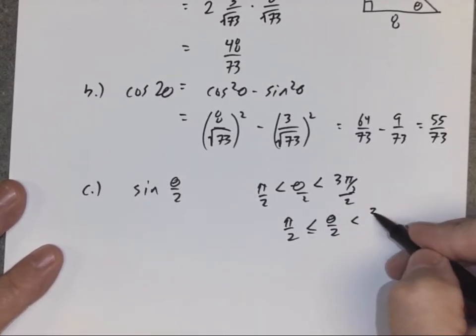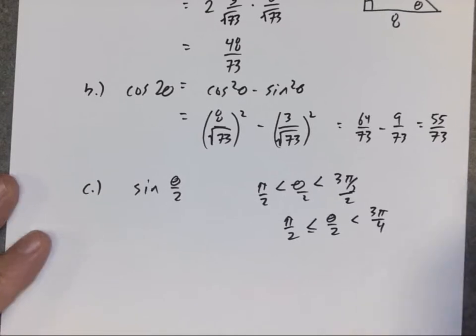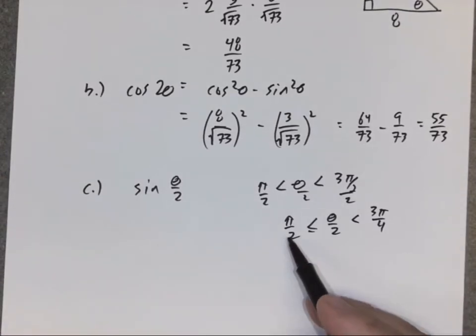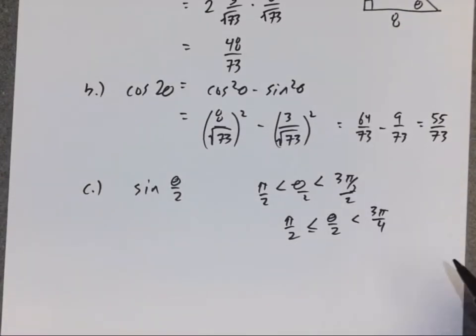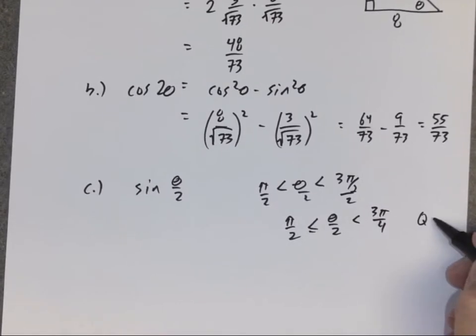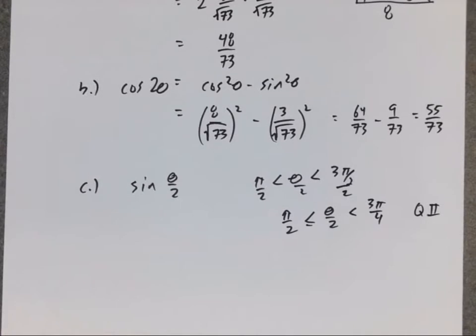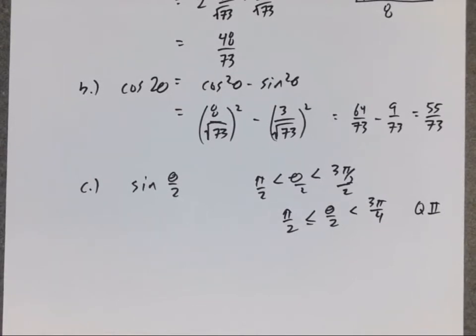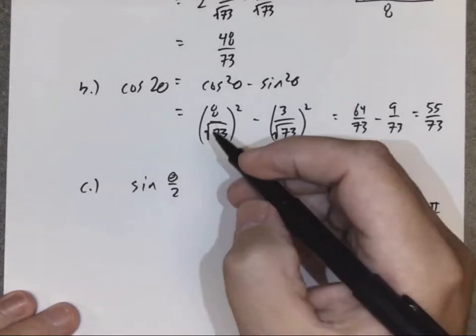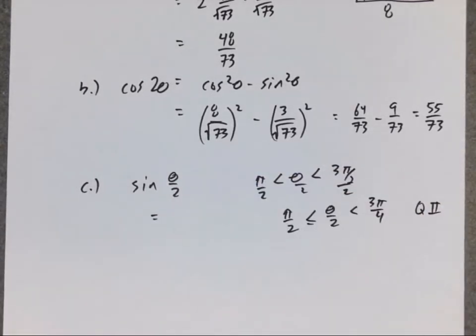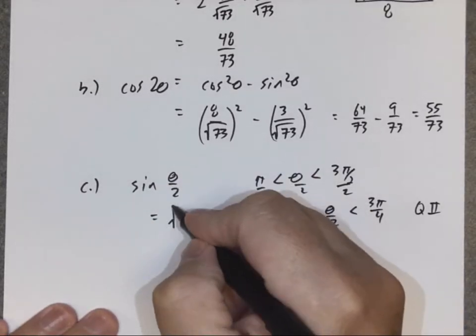And this ends up being 3 pi over 4. So pi over 2 to 3 pi over 4, where is that at? That's actually in quadrant 2. So the half angles are going to be in quadrant 2, which means the sine is going to be positive, but the cosine is negative. So when I go get my formula for the sine for the half angle, I'm going to use the positive.